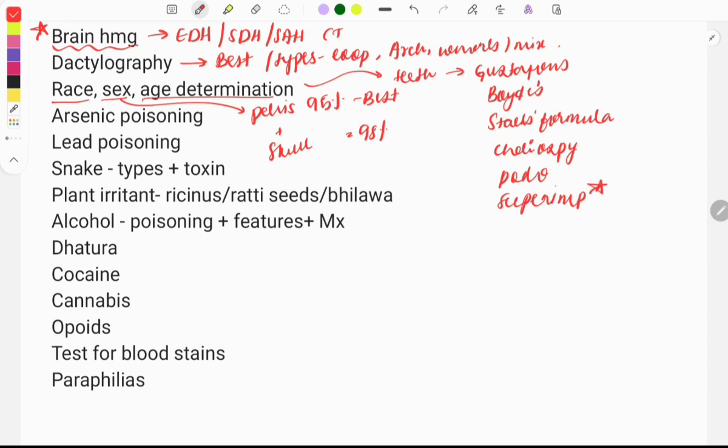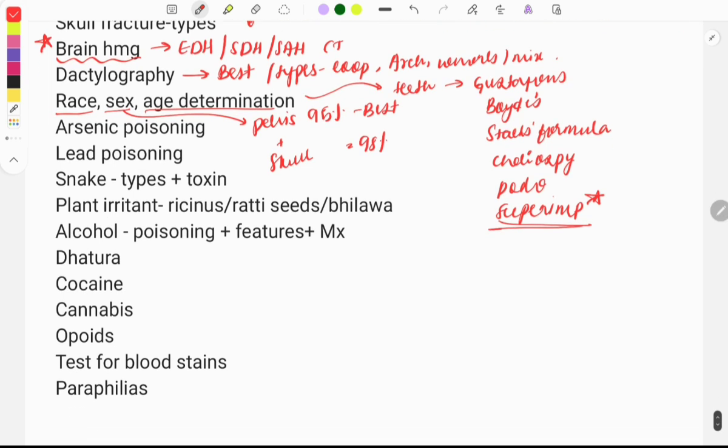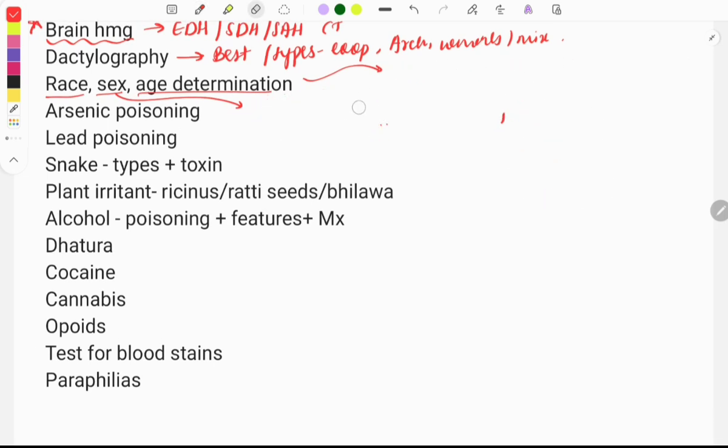And this is a very important one-liner, and image-based questions were asked previously. Superimposition. Okay, so you need to know all the points related to human identification. So moving on to the toxicology, a very important topic, and one question is asked from toxicology every year, 1 or 2 questions. So you need to know everything, all points about this.